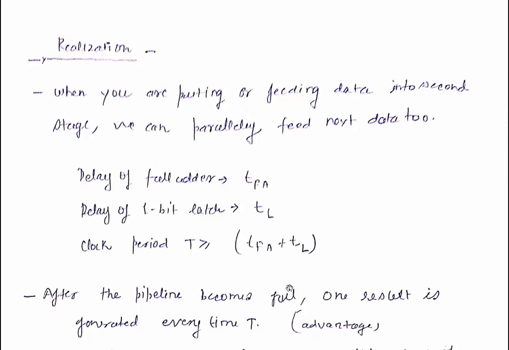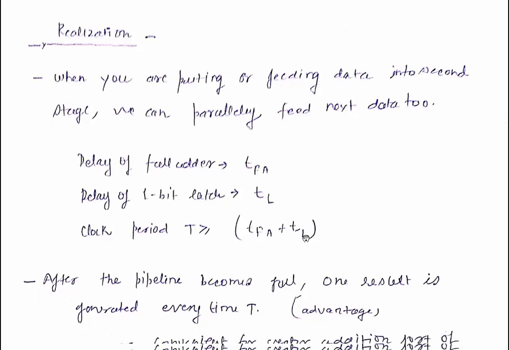So the clock cycle for any one particular stage must be greater than the delay of 1 full adder plus the delay of 1 bit latch, so that within a clock period you can complete the addition of 1 bit.